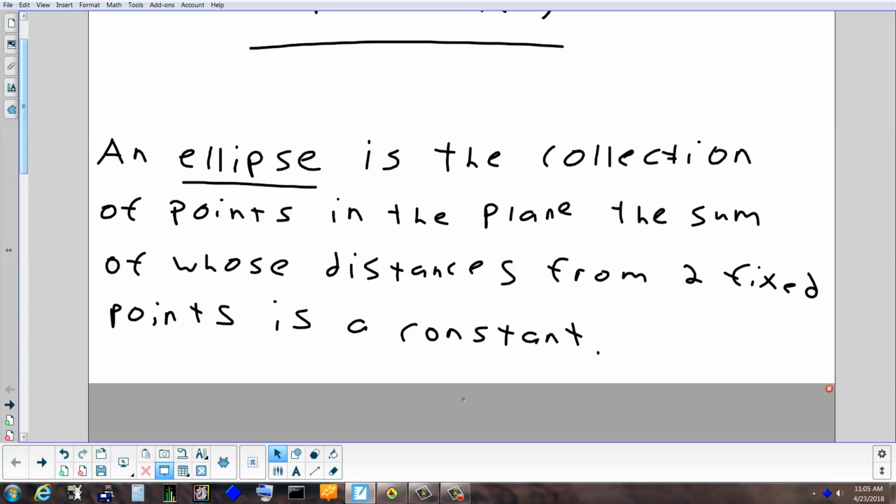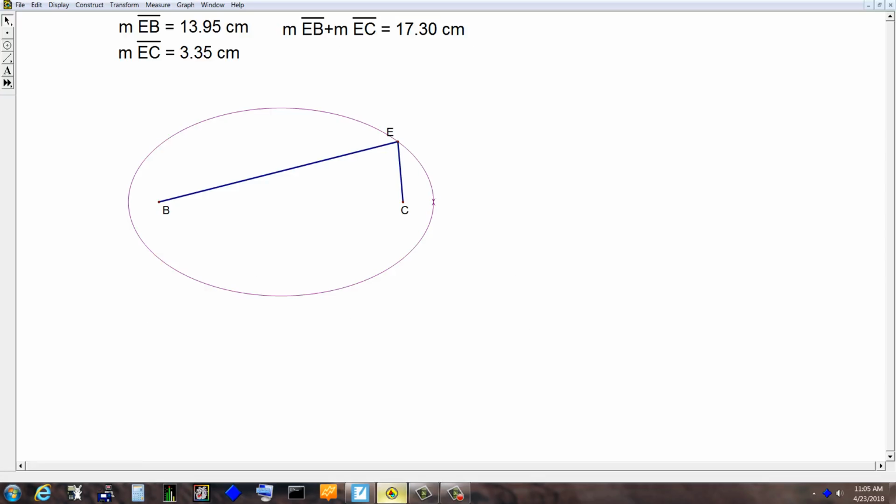The 2 fixed points that I reference here, I'm calling B and C. They don't have to be called that, that's just what they are in this picture. E is a point that I can drag around the ellipse. In this particular ellipse, if you measure the distance from any point on the edge to B, and that point to C, and then add the 2 distances together, you will always get 17.3.